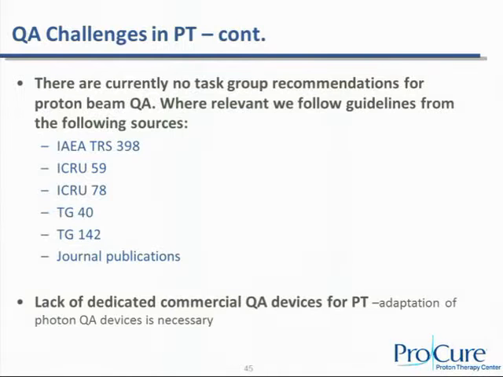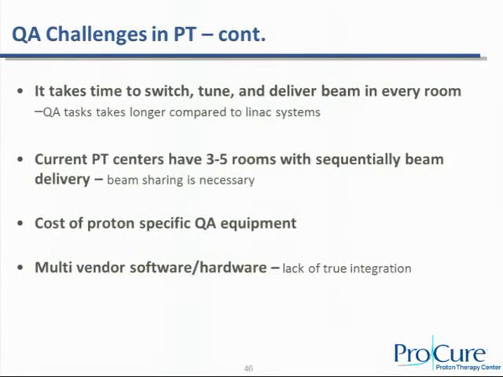Unfortunately, because the market is very limited, these things are very, very expensive. They get as expensive as $200K, and that's how much money you would spend on supplying QA devices for an entire X-ray clinic, compared to just a single QA device for protons.